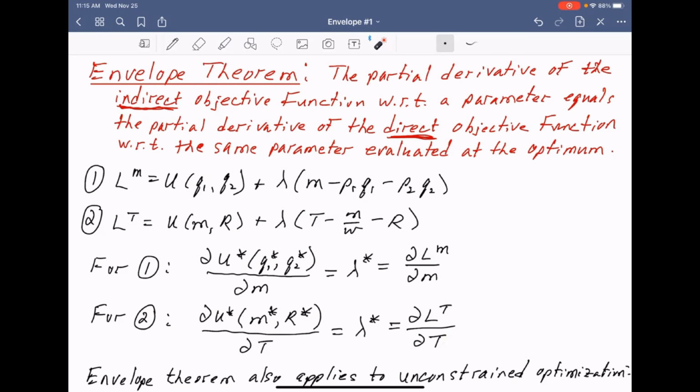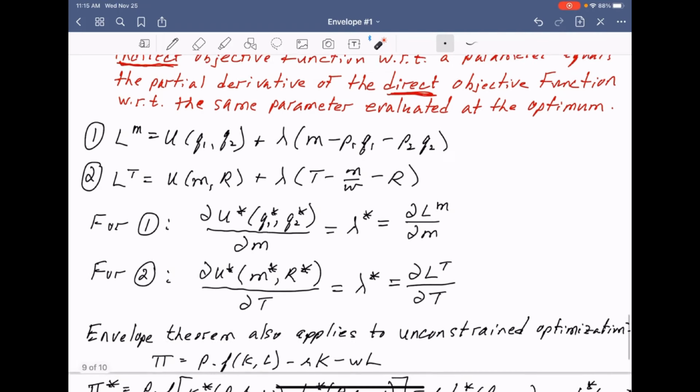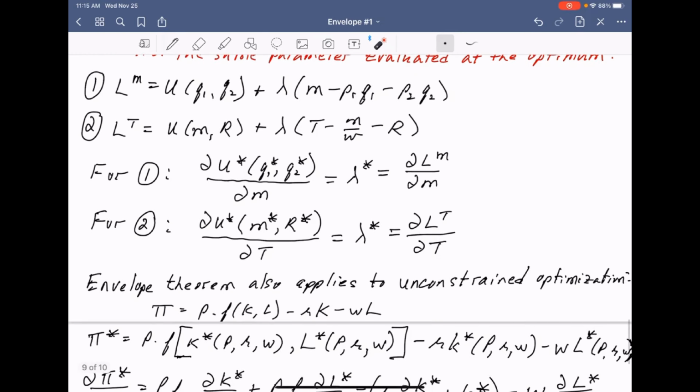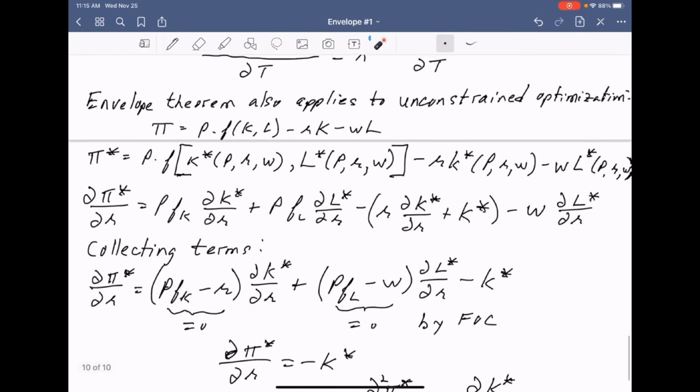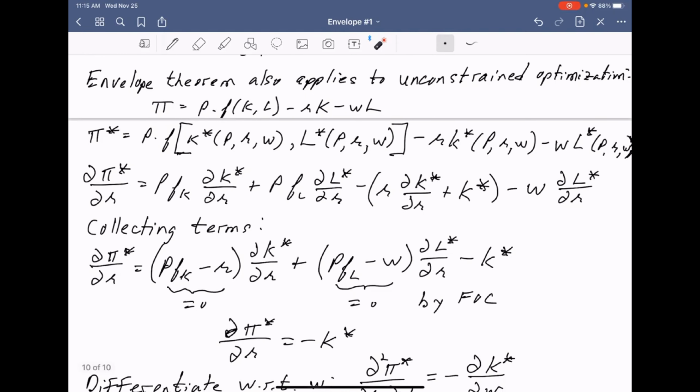So this is the direct objective function there on the right and the indirect utility function on the left. Now, the envelope theorem also applies to unconstrained optimization, and the best example of unconstrained optimization is the profit function, where profit is equal to the price times the production function, which here is a function of capital and labor, minus the rate of return, or the rate of capital, minus the wage rate times labor.